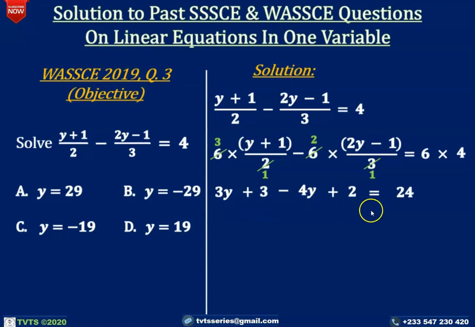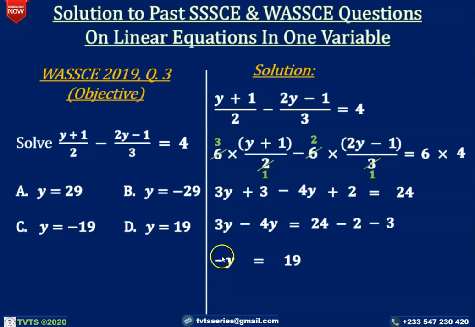We group like terms by maintaining 3y and negative 4y on the left-hand side, and moving 3 and 2 to join 24 on the right hand side. This gives 3y minus 4y is equal to 24 minus 2 minus 3. 3y minus 4y is negative y, and 24 minus 2 minus 3 is 19.